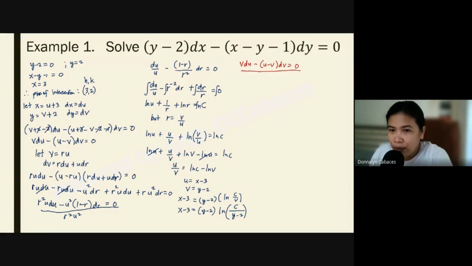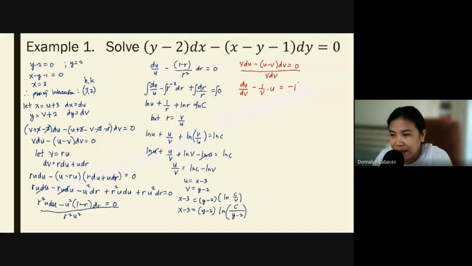So if we divide it by v dv, you have the derivative of u with respect to v minus 1 over v times u is equal to, so positive v over v is 1, and moving it to the other side is negative 1.